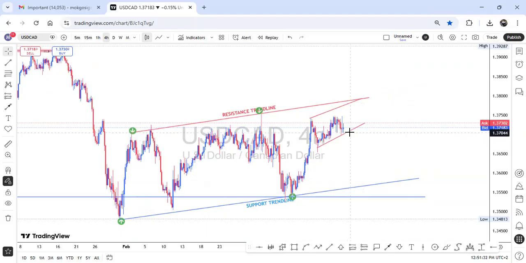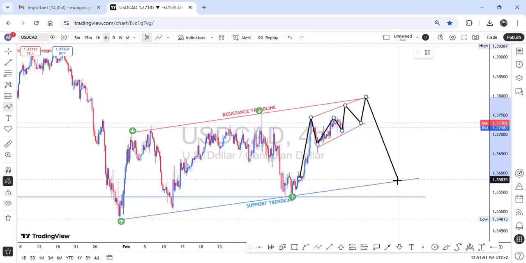There is a high possibility that the price itself can create something like this: tap to this level, fail to tap to that one, and the market shoots to the upside, and the price goes back and comes back to this level, and we shoot the market to the downside.